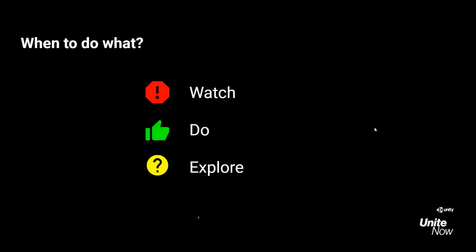For these sessions, you have three icons at the top of the screen. Watch: you have to pay attention to what we are doing on the screen. When you see this little green hand, it means do: it's your time to practice all we watched before.